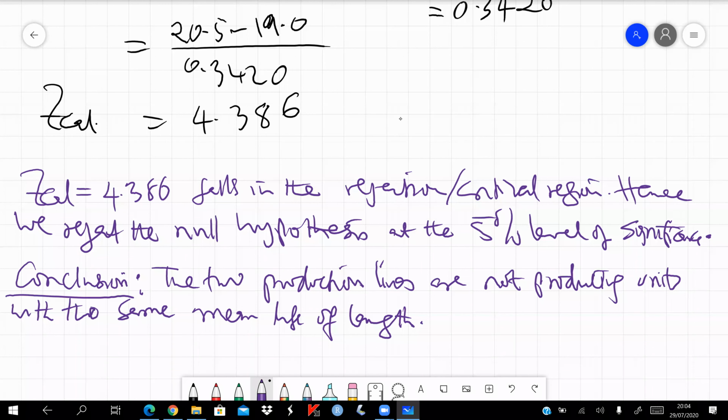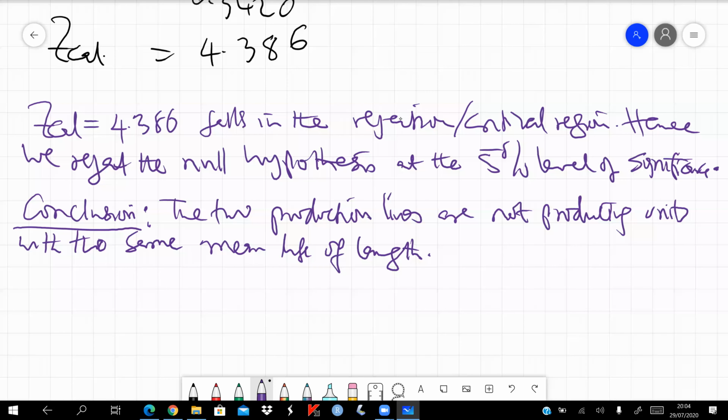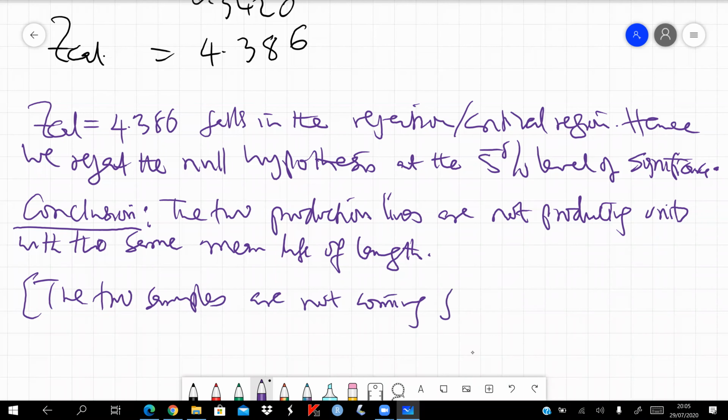They are not equal. In other words, you can say the two samples are not coming from the same population. According to the evidence that we have, the two samples seem to be coming from different populations.